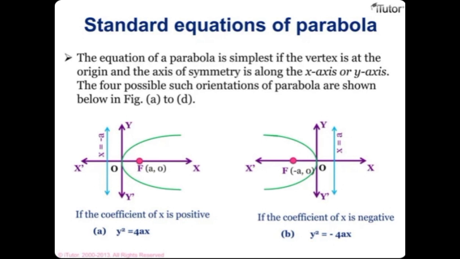In Figure A, if the coefficient of x is positive, we have y squared equals 4ax, and in Figure B, if the coefficient of x is negative, we have y squared equals negative 4ax.